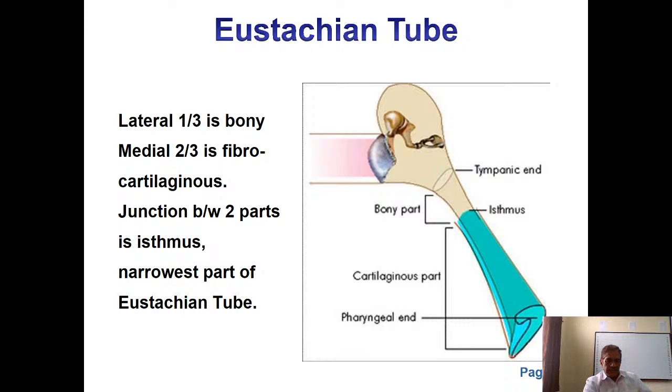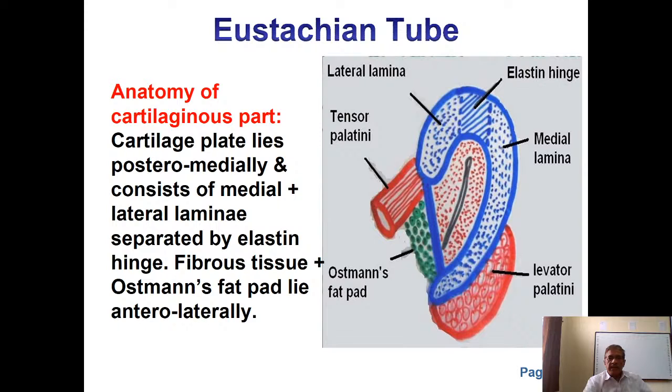It is usually described that in the cartilaginous part, the cartilage is not completely surrounding the Eustachian tube. So there is cartilage present in the superior, the lateral and the medial part.